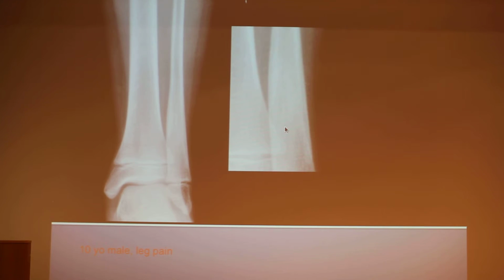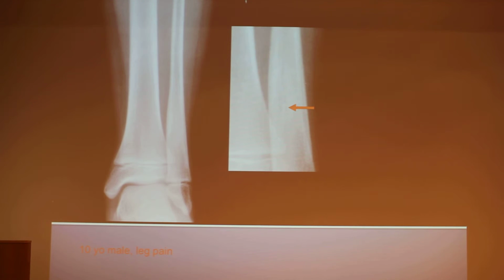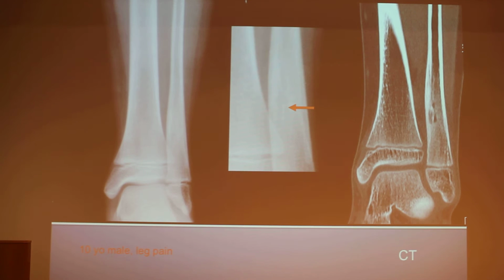So she asked for further studies, and what we get on the CT scan, so she's really brilliant. She couldn't make it today, but it's her job. So you have an area of lucency here involving the distal fibula with the adjacent cortical thickening. Do you have an idea what it could be?